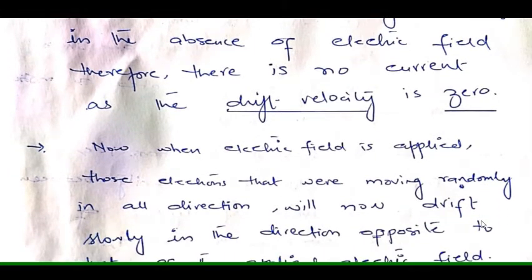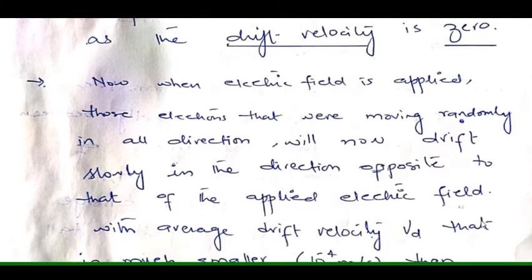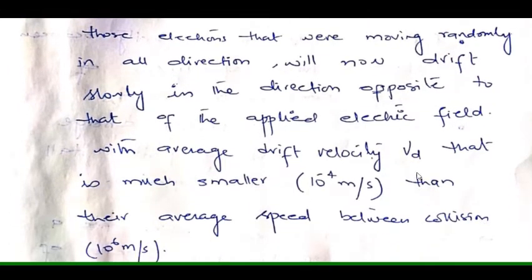Now we'll apply an electric field to the conductor, and those electrons which are moving randomly within the conductor all start to move in a direction. Now they will have a certain drift velocity, as they start drifting slowly in the direction opposite to that of the applied electric field, with an average drift velocity given as Vd.